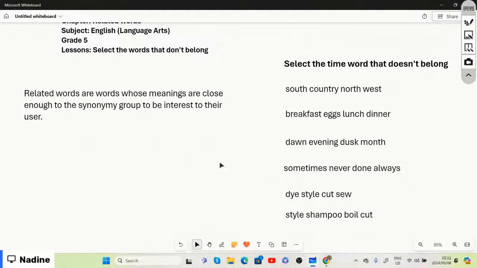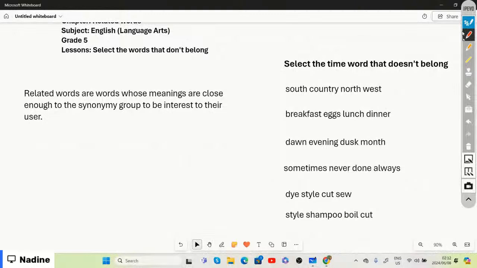All right. So we're going to select the word that does not belong. It doesn't belong within that same group or category. It doesn't match the words within that list.